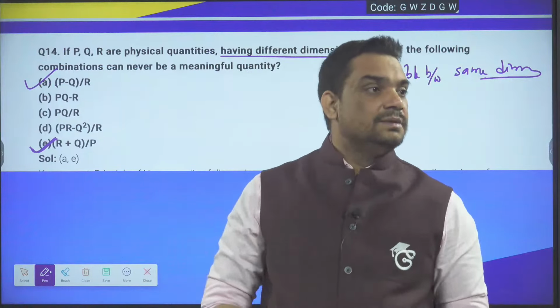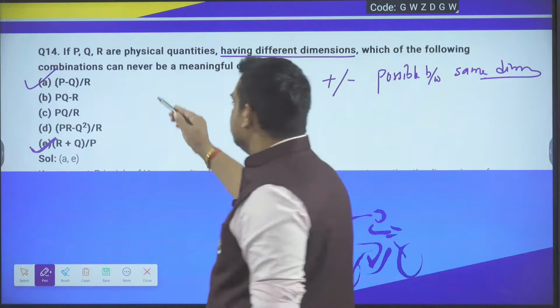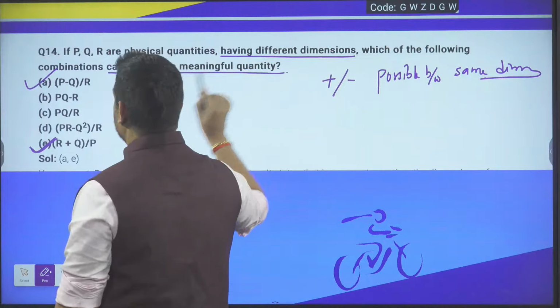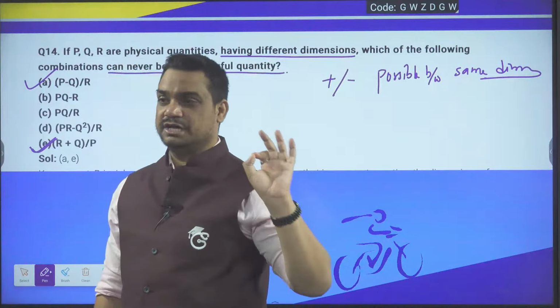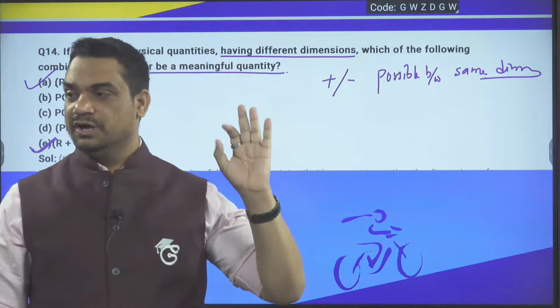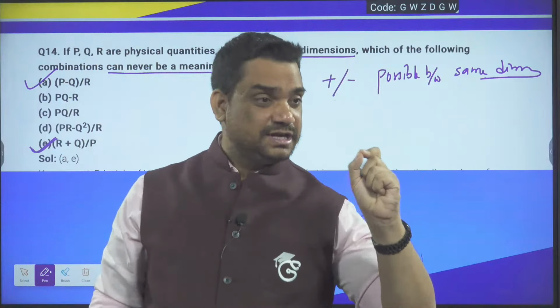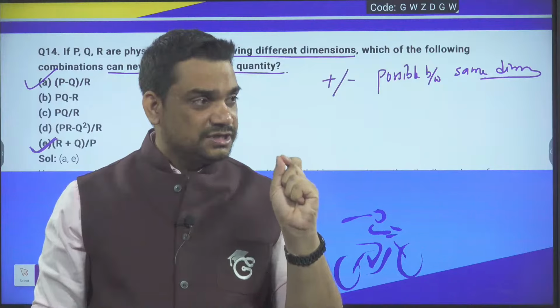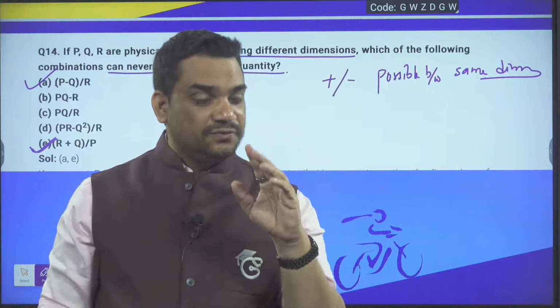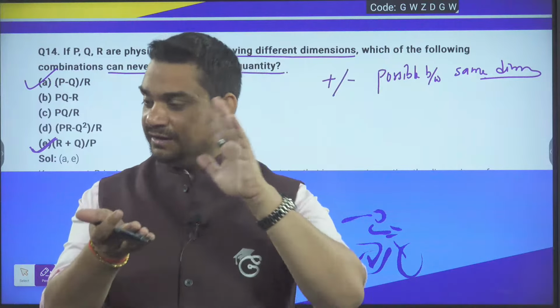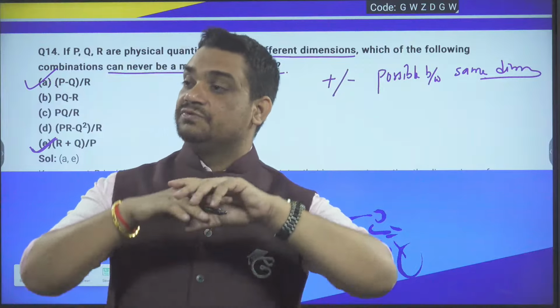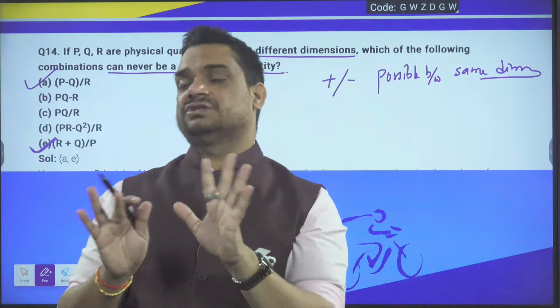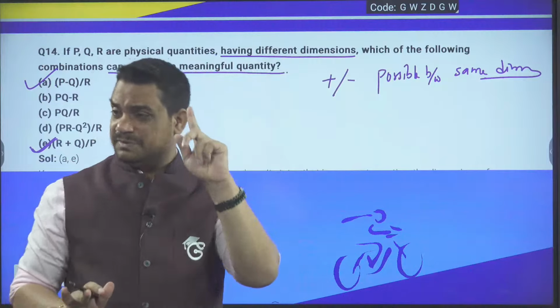Because the question is asking which can never be meaningful. In which direct plus or minus is there, that can never be meaningful. Wherever direct plus or minus is there, that can never be meaningful. If first multiplied, then plus minus happens, then square, then multiplication, anything is possible, but direct plus minus is not possible.